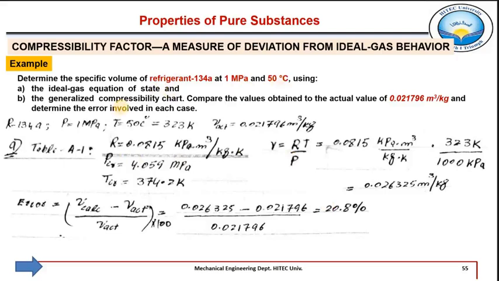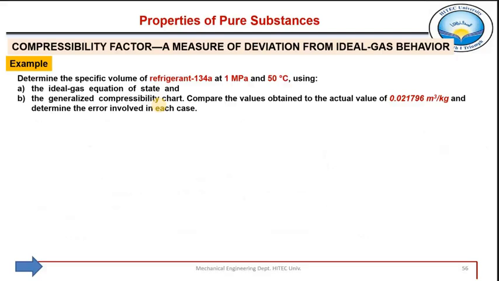Now we shall calculate the specific volume using PV is equal to ZRT, the second part, using the compressibility chart. Now you will understand the meaning of the compressibility chart, why we have learned this chart, and how to use it in numerical problems.